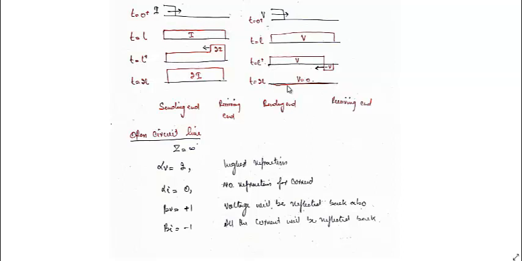When minus 1 is reflected back to the sending end, we have 0 voltage, and at the receiving end we will have 0 voltage. When it is reflected back to the sending end, the current is building up.